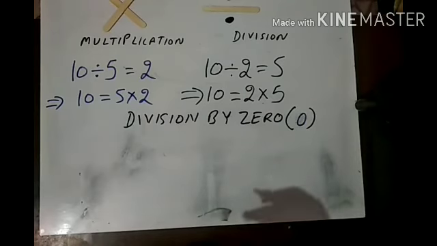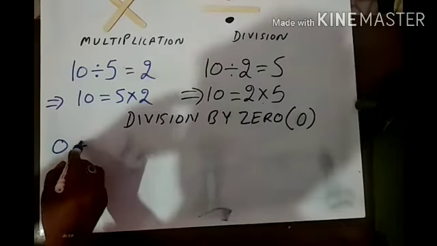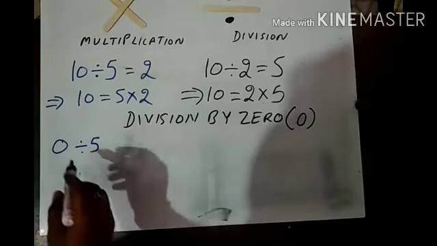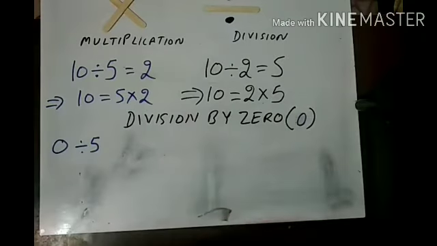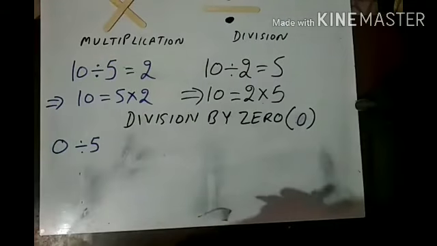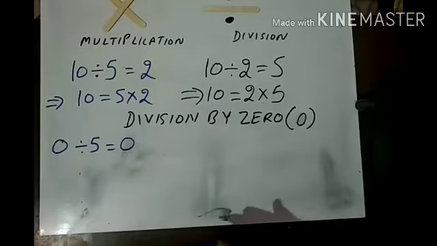Let's see what happens. If I take 0 and write 0 is divided by 5, then what will be my answer? You will see 0 means nothing. So if you are dividing nothing into 5 parts, then what will you get? Then you will get nothing, that means 0.